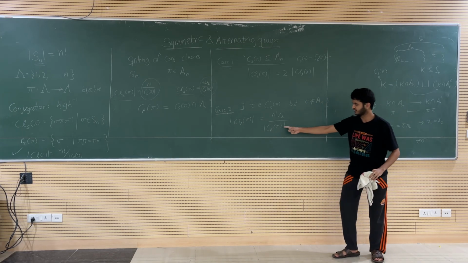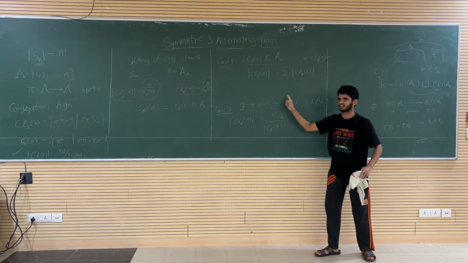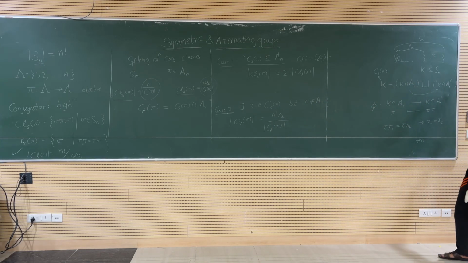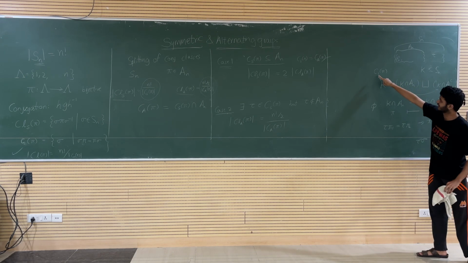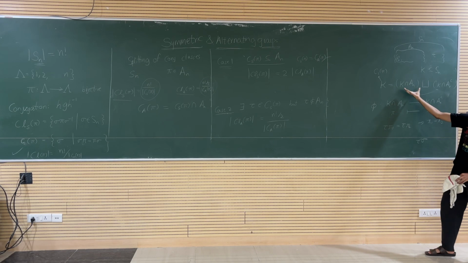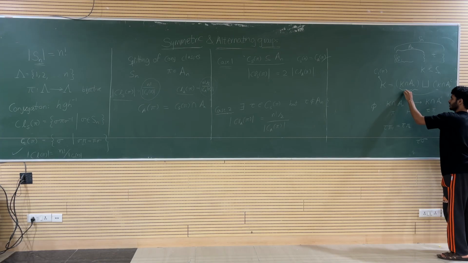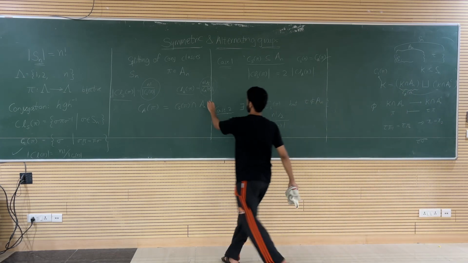What is the centralizer in A in this case? Since there exists such an element, it is breaking into two parts. So the centralizer in S is breaking into two parts, one like this, even guys and odd guys, and this exactly is the centralizer in A. Why is this so? I wrote somewhere this thing.